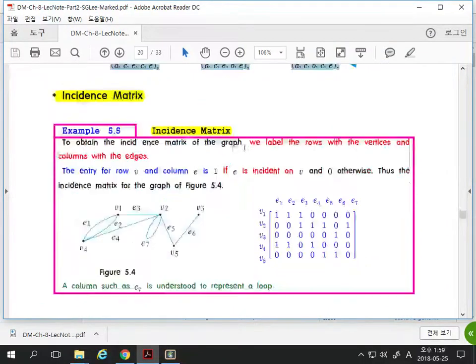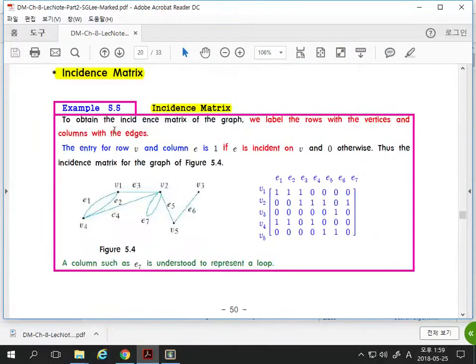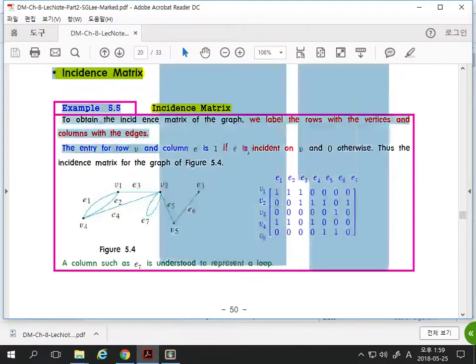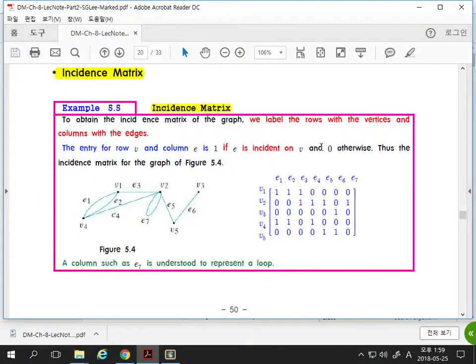Next, incidence matrix. To obtain the incidence matrix, we label the rows with the vertices and columns with the edges. The entry for row V and column E is 1 if E is incident to V and 0 otherwise. Thus, the incidence matrix for the following graph can be written in this way.